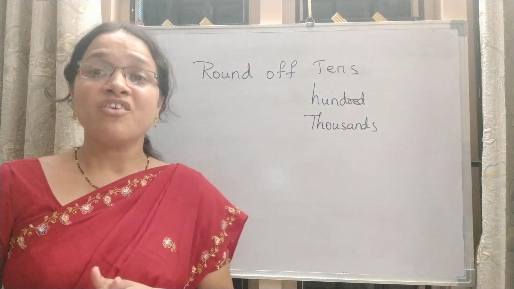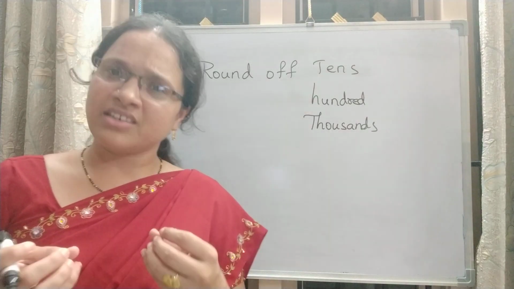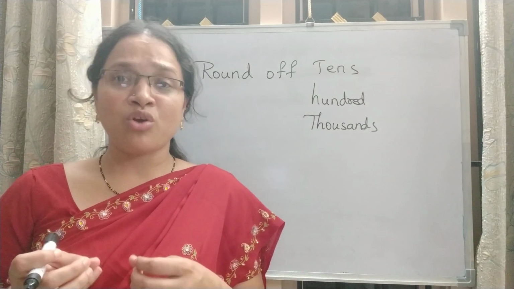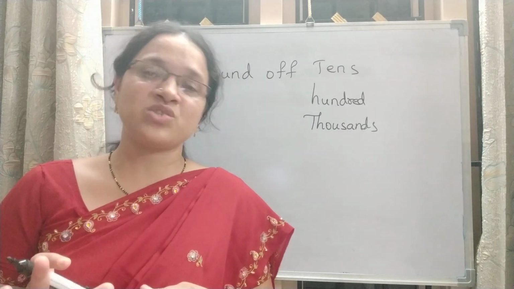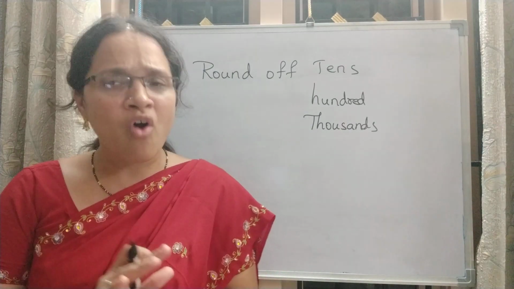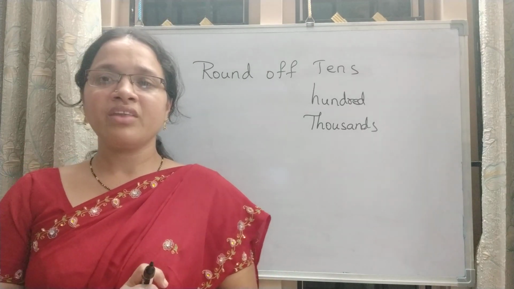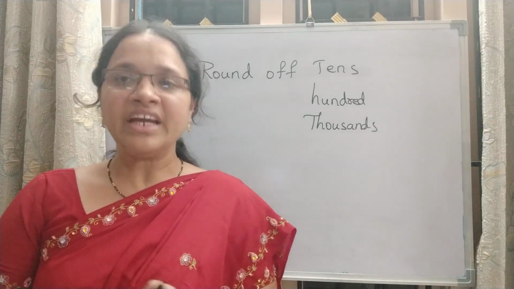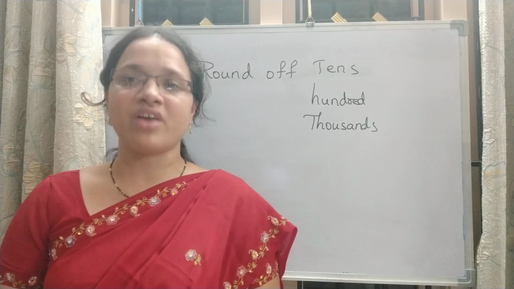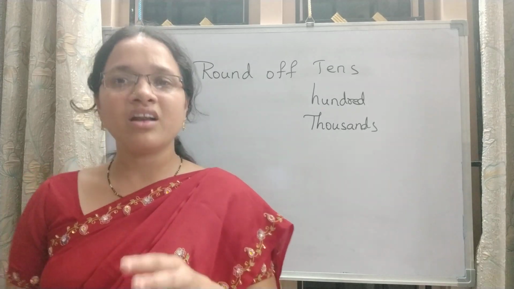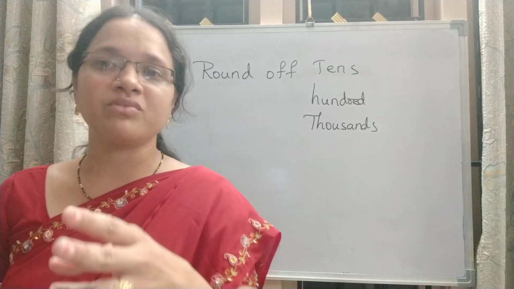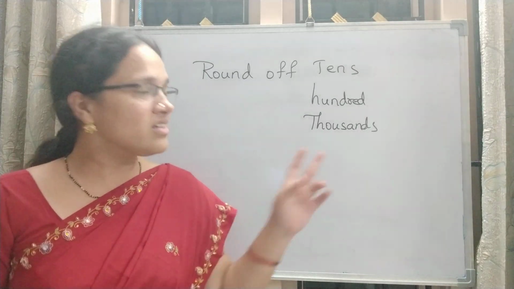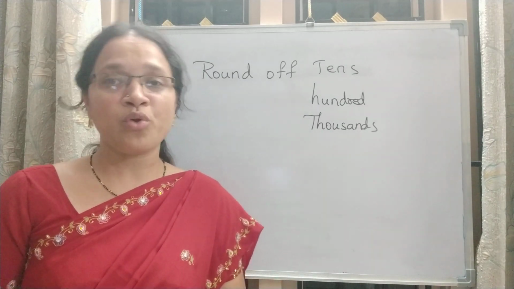Whether you have to round off a tens place, a thousands place value, a lakhs place value or a crores place value, whatever the place value may be, I'll simply tell you in 2 steps to write. Your third step will be your answer actually. There are 2 simple steps to be followed which make it easy to write our third step, our answer. So let us see what that method is, the rounding method.